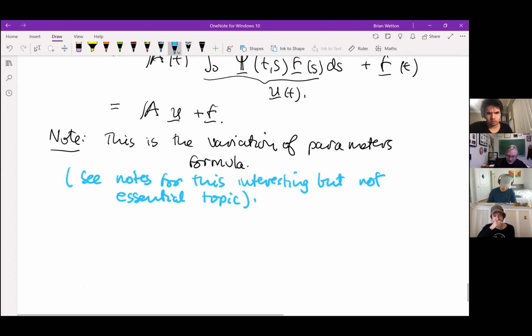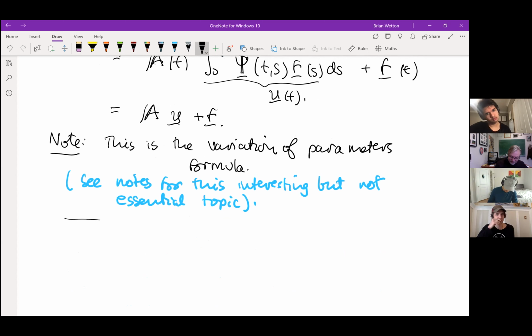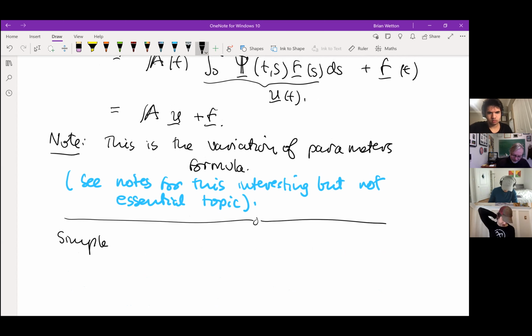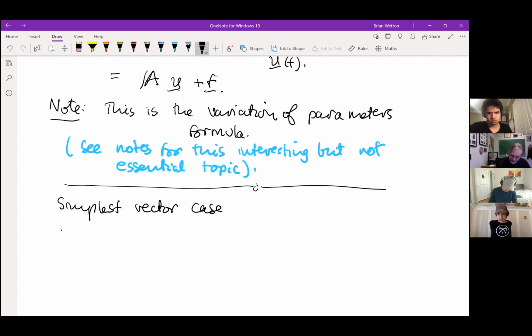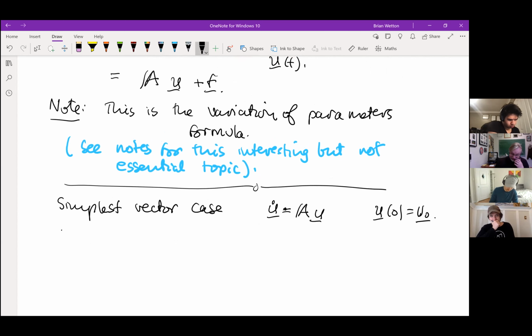Okay, and with my remaining time, I want to look at the simplest case of u dot is A times u. I'm only writing down the initial value problem because now we know once we solve that, we've also solved the forcing problem with Duhamel's principle.